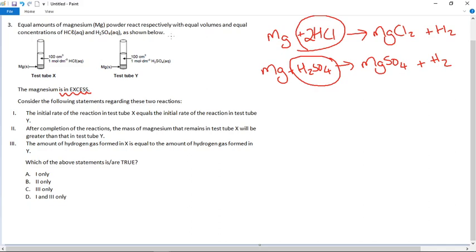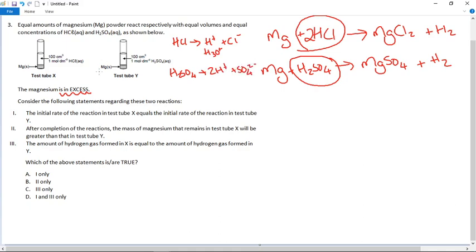The other one is, if we look at the dissociation reactions of hydrochloric acid, this goes to H+ plus Cl-. I'm not putting in the aqueous symbols. Remember, H+ is the same as H3O+, okay? H2SO4 dissociates into 2H+ plus SO4 2-.